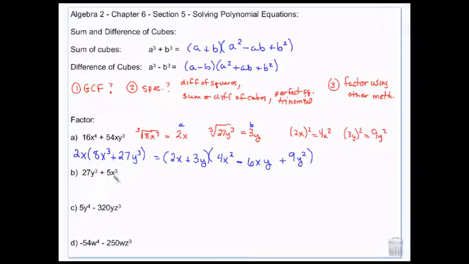If I look at 27 and 5, well, this is a perfect cube, 27y cubed. But 5x cubed is not a perfect cube because 5 is not a perfect cube, right? And I can't divide anything. They don't have any greatest common factors. When that happens, it's called prime, which means it's not factorable.